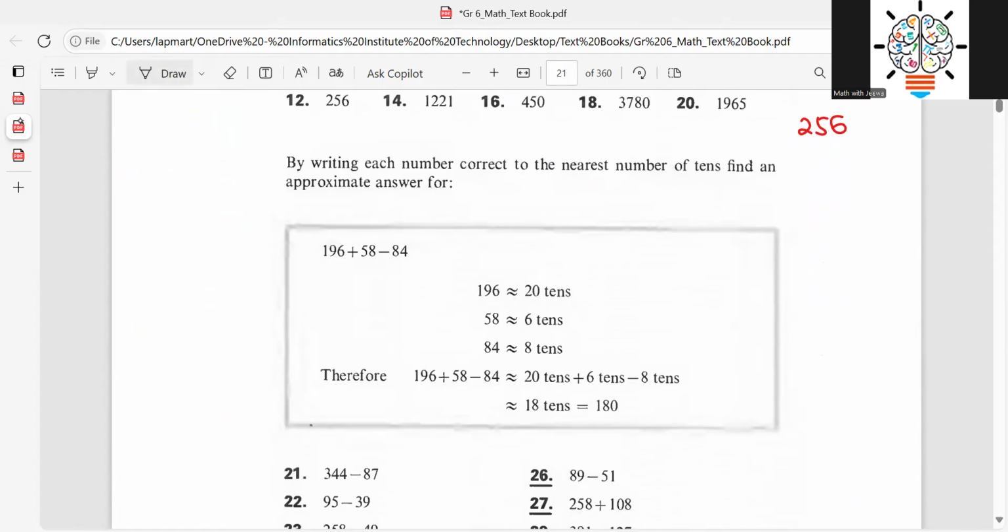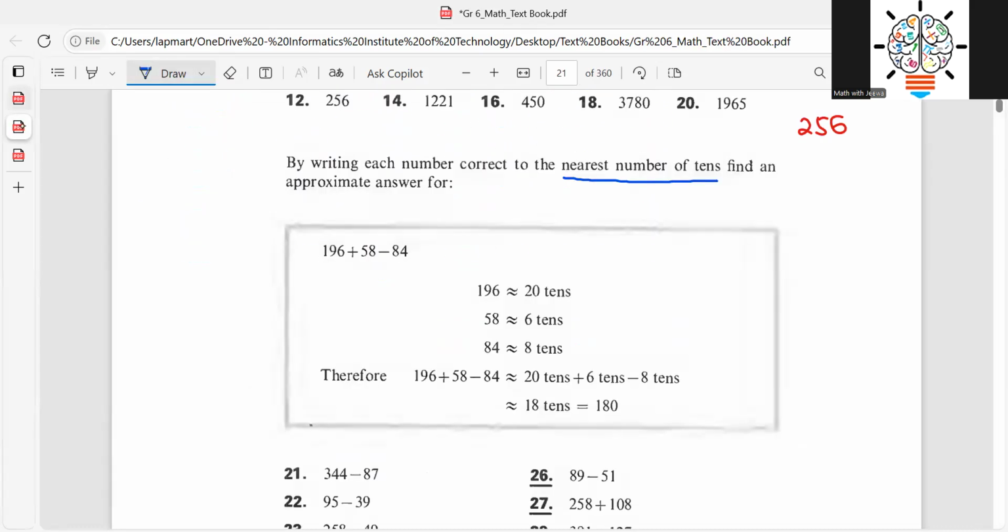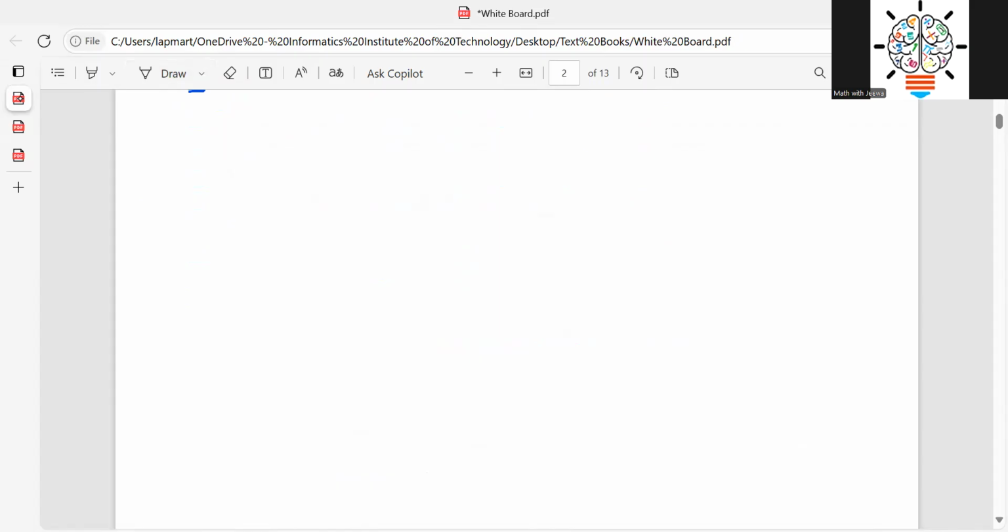Read the question carefully. Here they are talking about the nearest number of tens. If they are talking about the nearest number of tens, children, you have a question like this: 196 plus 58 minus 84.